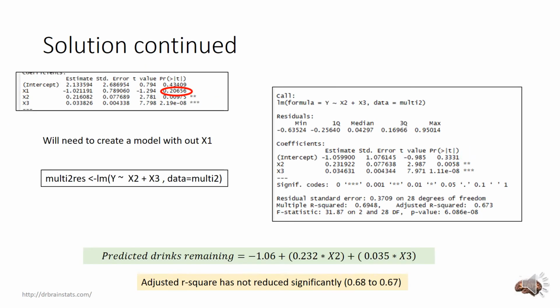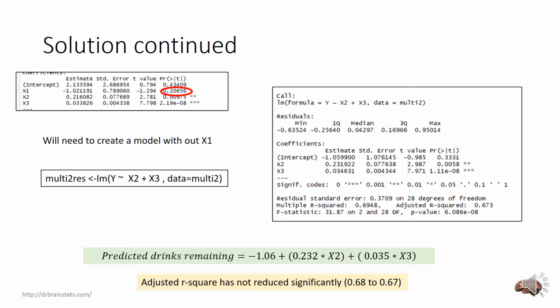From our results, you may have noticed that the t-statistic for the variable x1 was greater than 0.05. So therefore, this variable fails our t-test. So therefore, again, we need to create a model without x1, which now gives us a completely new formula.